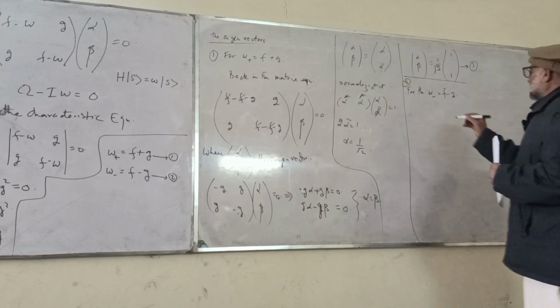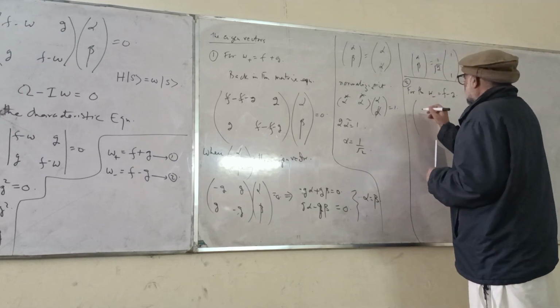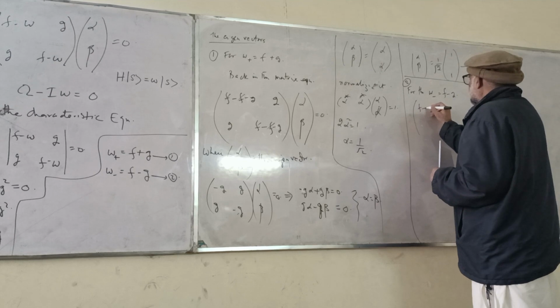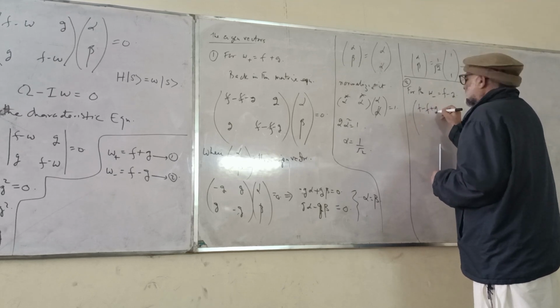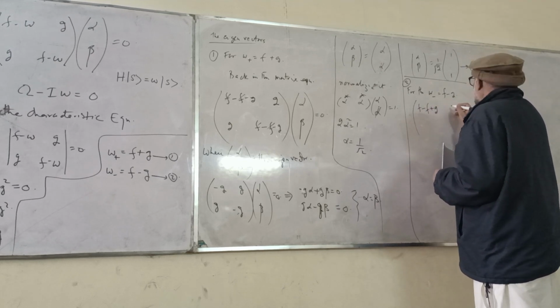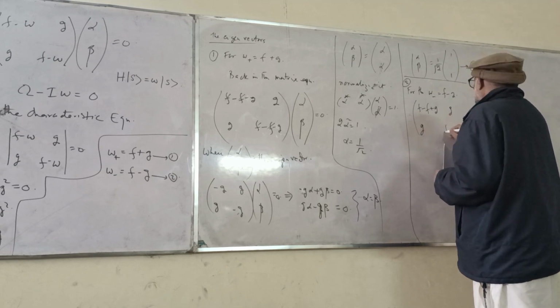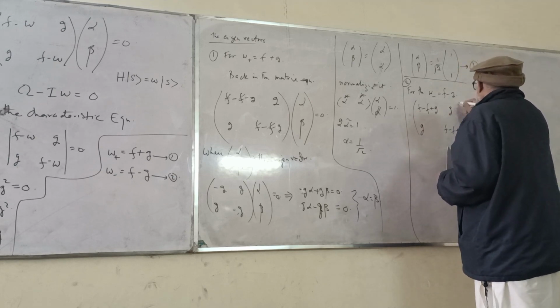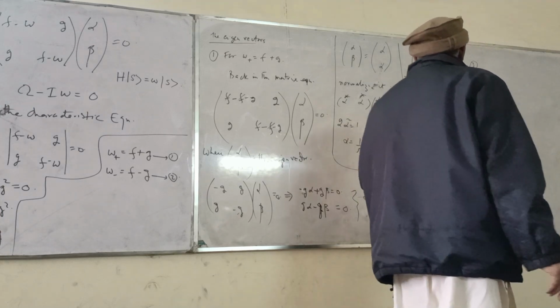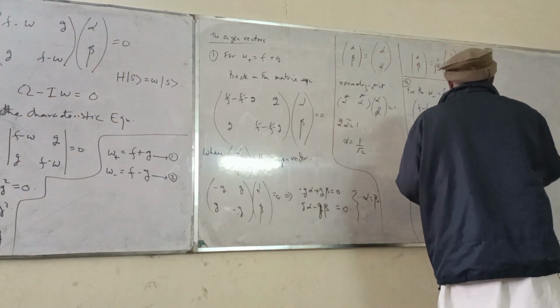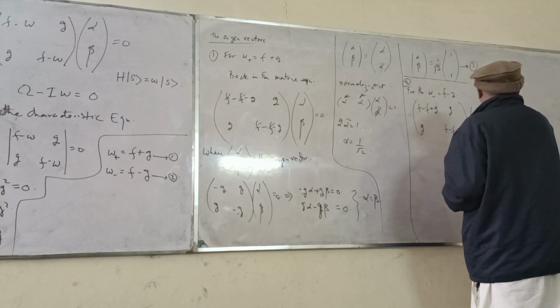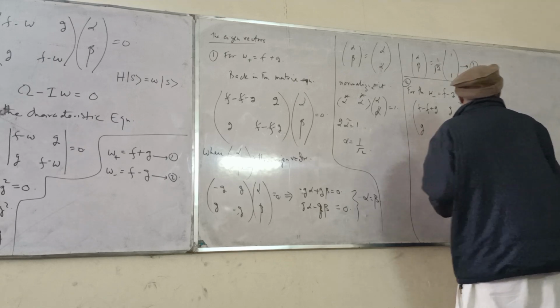Then we will put back in the matrix equation f minus f plus g, g, g, f minus f plus g again, and alpha beta equal to 0.